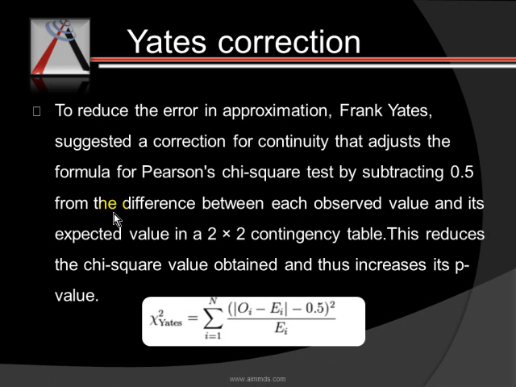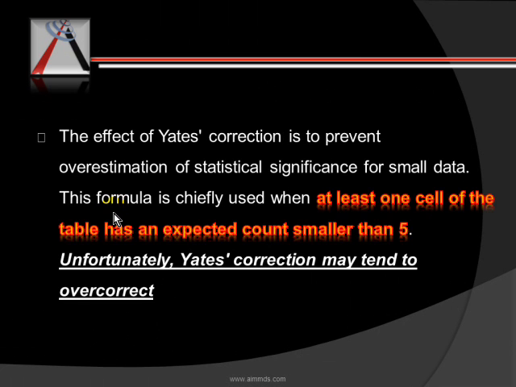There was one more problem with the Yates correction, that it was used for correcting the error in the chi-square, but what it did was over-correct it, and it gave us the error on, you can say, the other side. So the effect of Yates correction was to prevent the overestimation of statistical significance in small data. So again, Yates correction is applied when at least one of the cells of the table has an expected count smaller than 5.